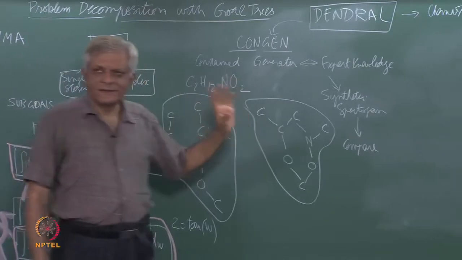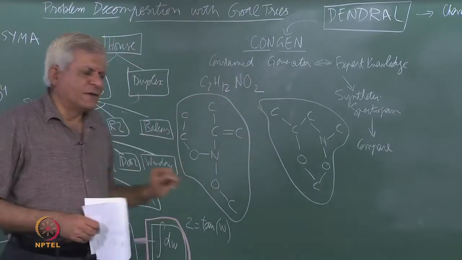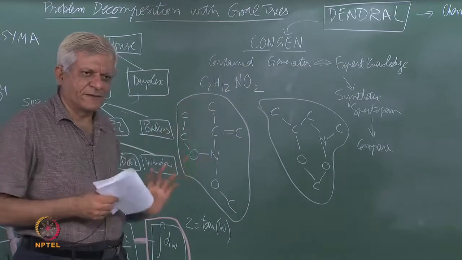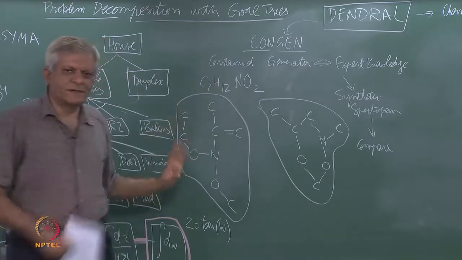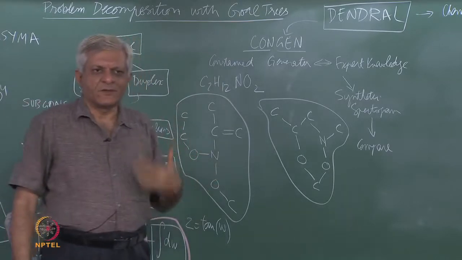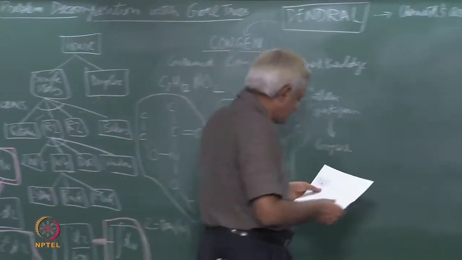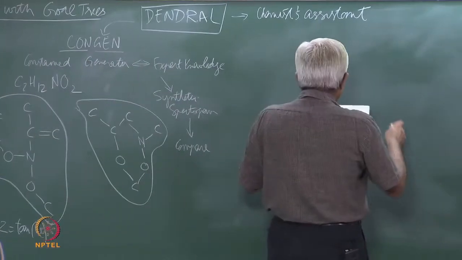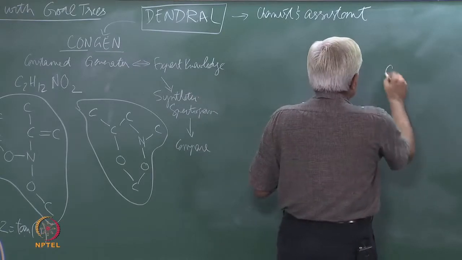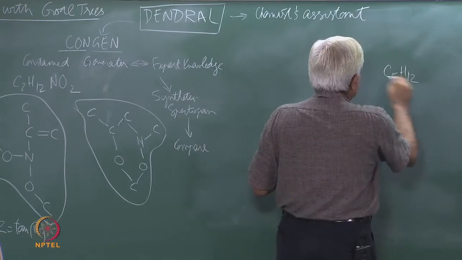So, let me just end with a small example of the kind of space that Dendrol generated, and in the next class we will see the algorithms which are used to explore this space. So, let us say that we are looking at C5H12.